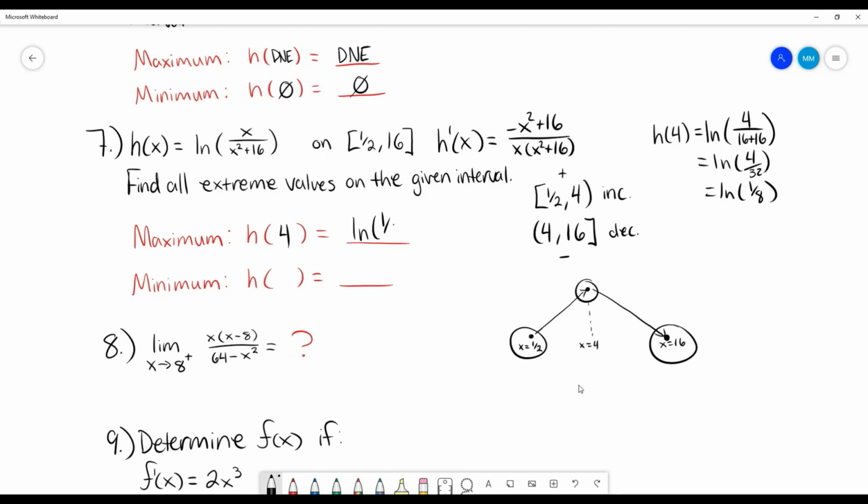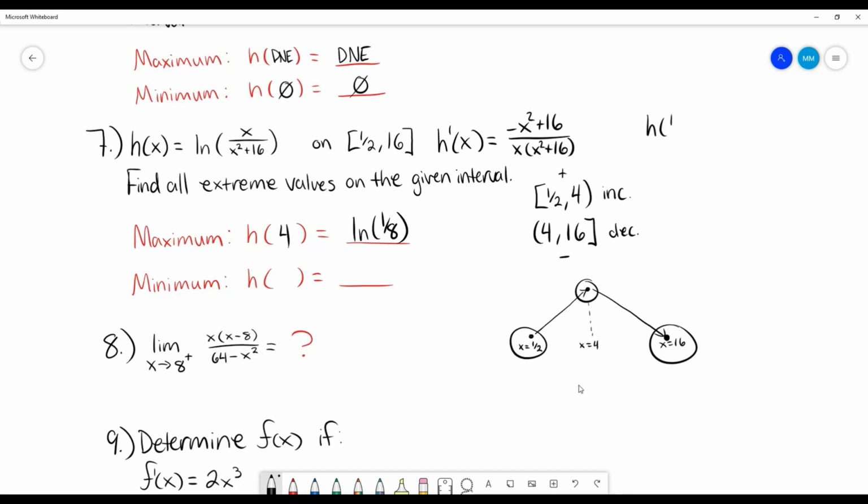You could put that in your calculator if you like, but that's how I'm going to write it here. Just natural log of 1/8. Now we need to figure out what our minimum is. And again, we see with our sketch that our minimum could be at x equals 1/2, but also could be at x equals 16. So I need to now compare them to see which h value is actually smaller than the other.